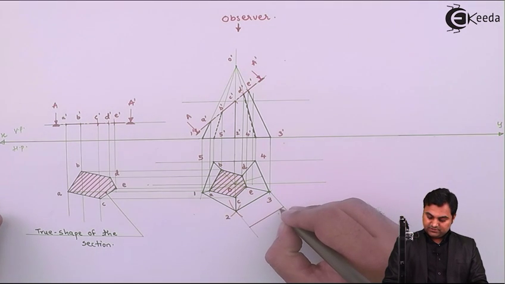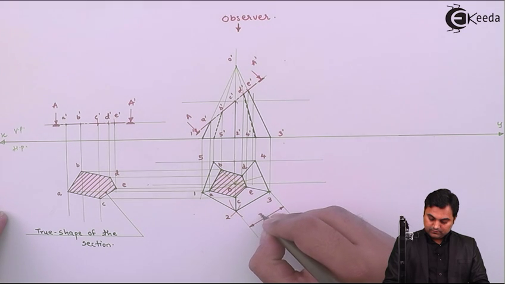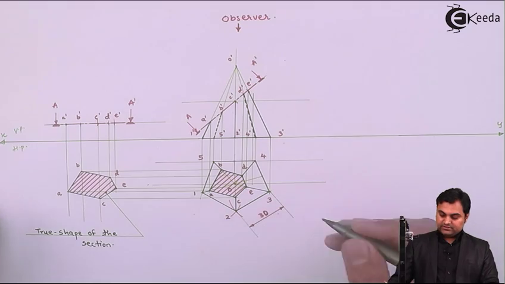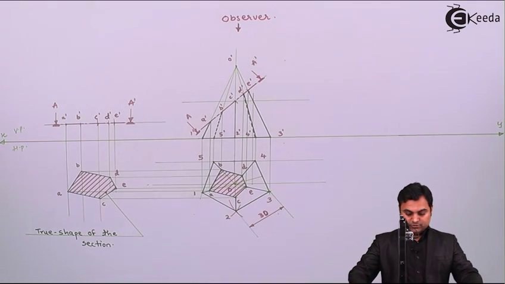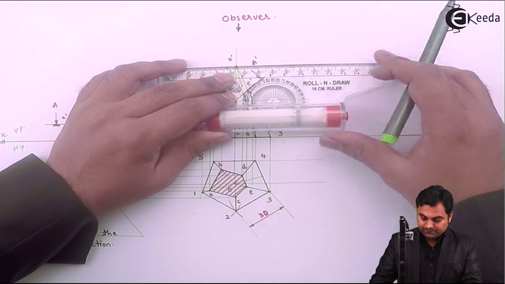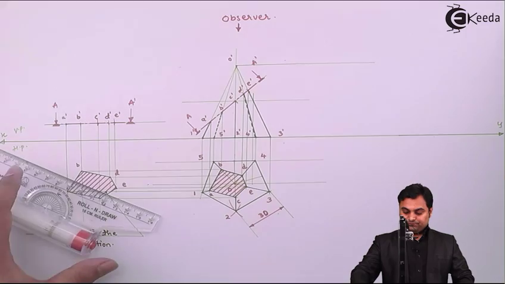Here the base edge is of 30 mm side and the axis height is 65. So after that I'll give the dimensions to the axis. It is 65 mm long.